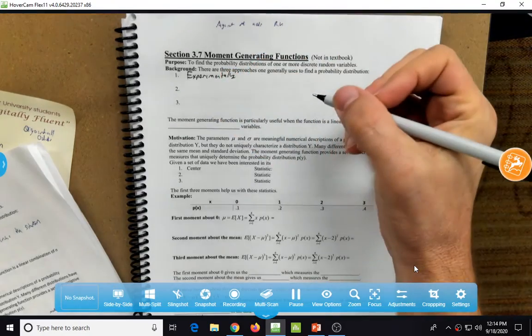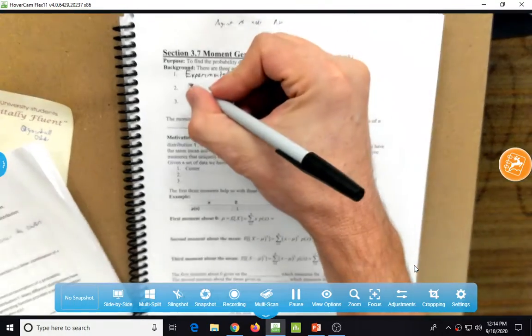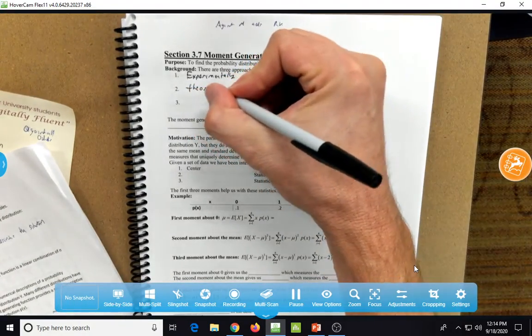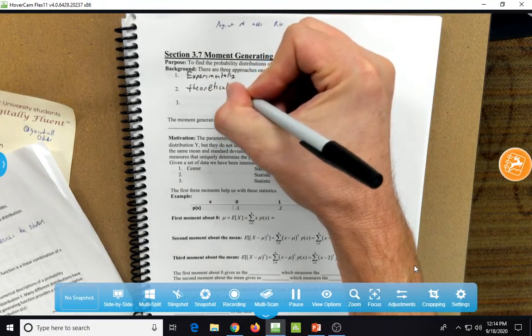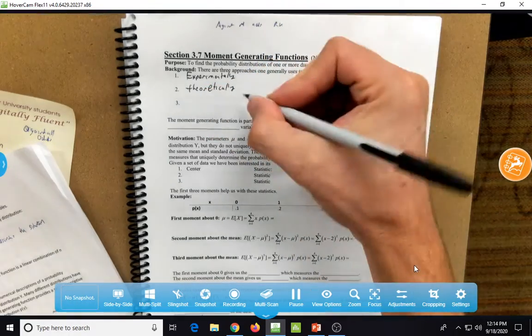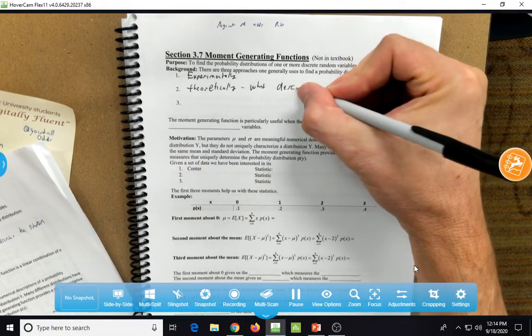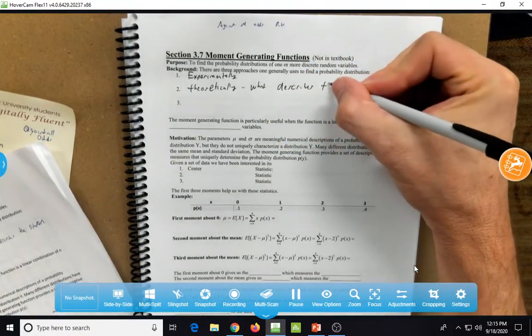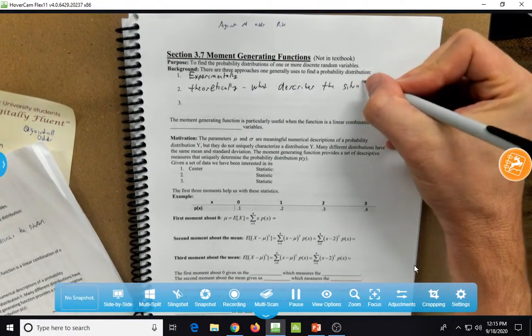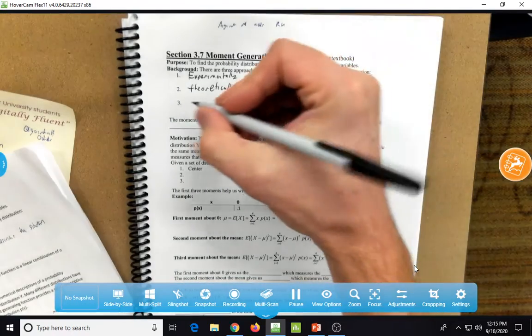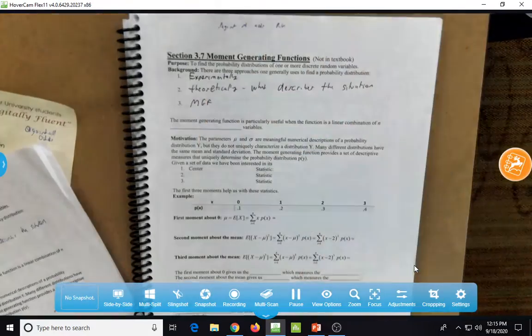Or you might argue it theoretically based on what describes the situation. But finally, what we're going to talk about today is moment-generating functions.